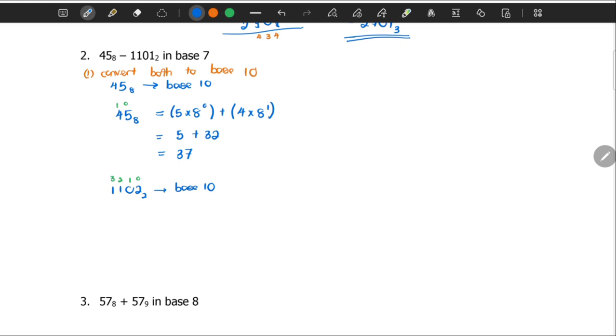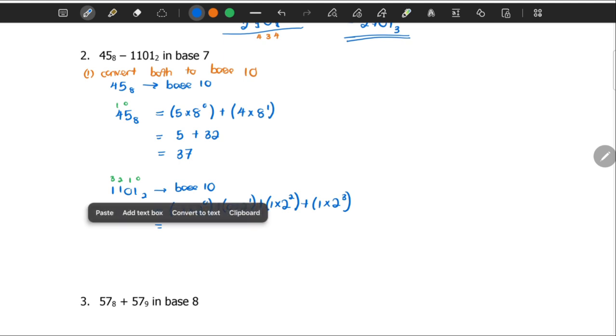So that becomes 1 times 2 to the power 0 plus 0 times 2 to the power 1 plus 1 times 2 to the power 2 plus 1 times 2 to the power 3, which will be equal to 1 plus 0 plus 4 plus 8, which is 13.